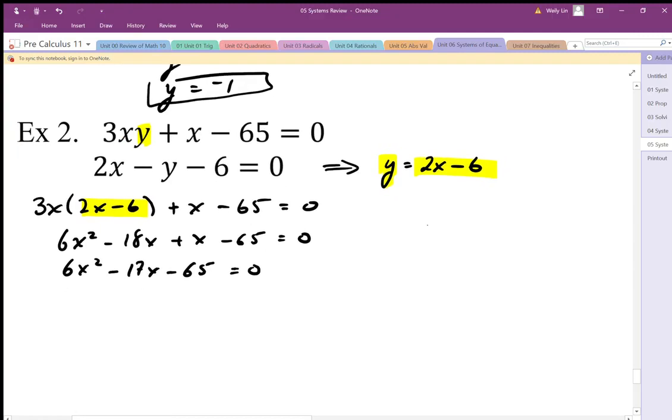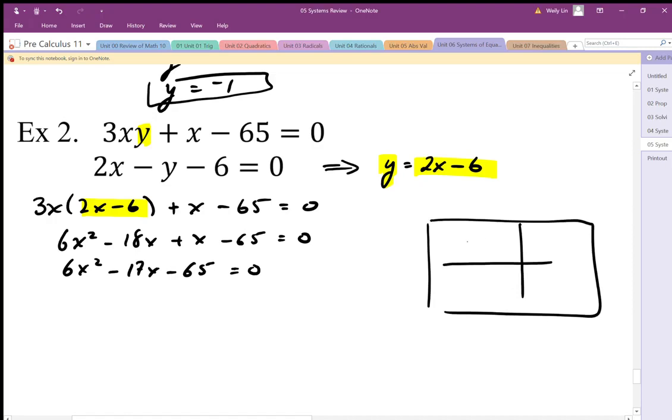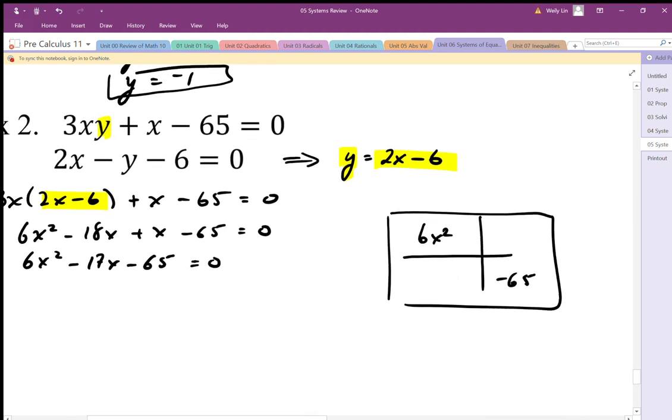Well, we can see. So we can plug it in, 6x squared negative 65. Now, we're probably going to need a calculator to do this, but we're going to end up with 390 x squared. So we're looking for two numbers that multiply to 390 and have a difference of 17.